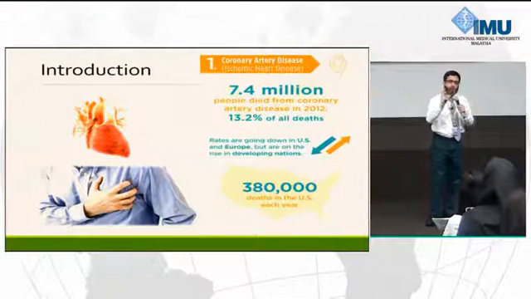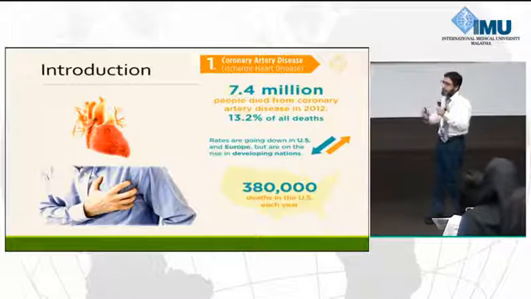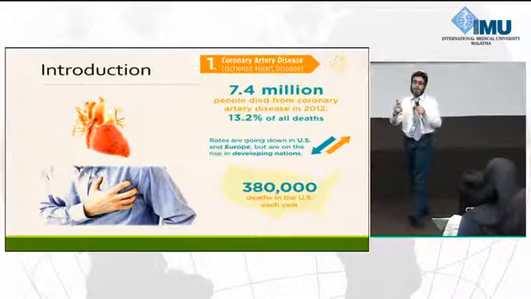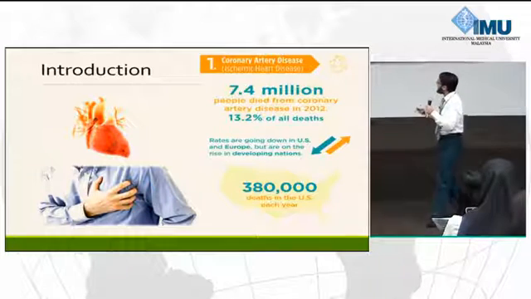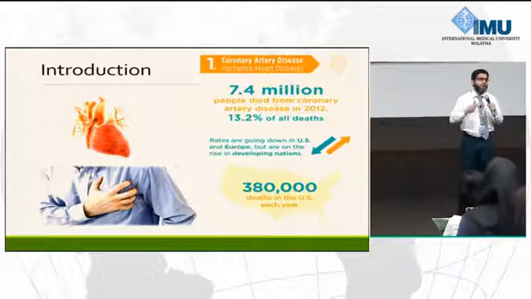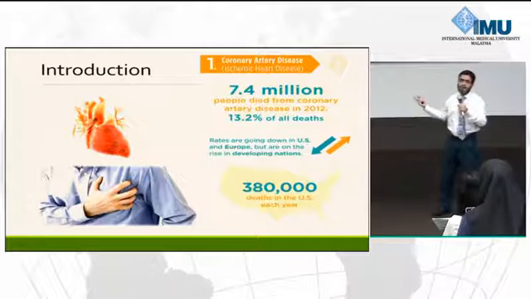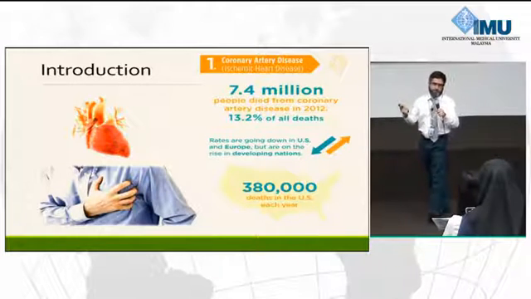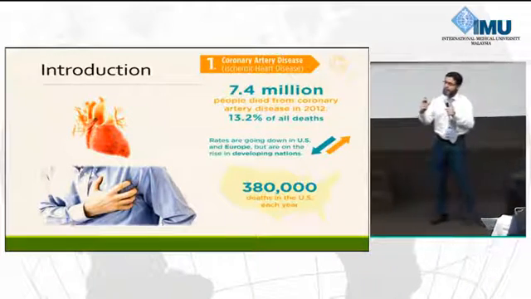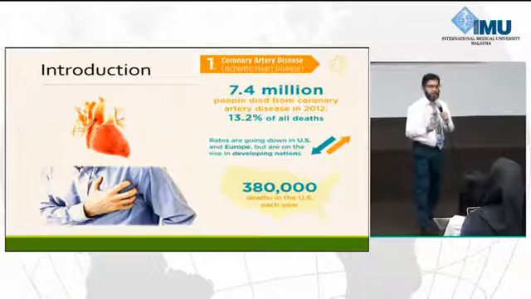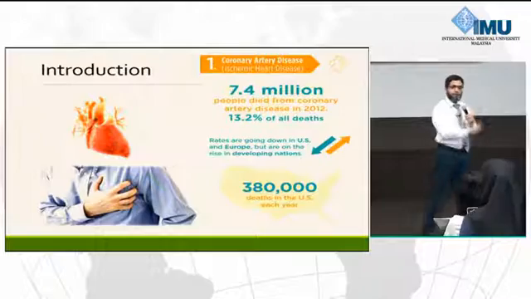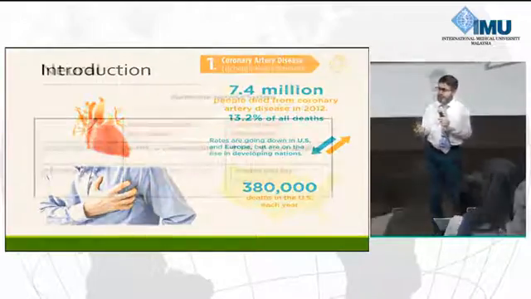So we'll basically be focusing on how the heart controls its own blood supply. And by understanding those factors, this could help us in understanding these diseases. And the amazing fact about these ischemic heart diseases is that most of them are preventable. And if not preventable, most of them are manageable.